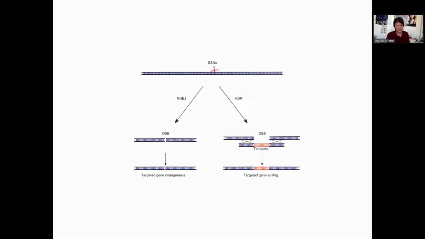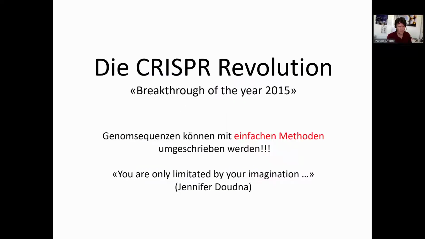But these intergenic regions, the enhancers, the control, the temporal control, which makes some animals bigger, some animals smaller, small changes that have big effects, maybe only on size, not on overall shape. All of these things need to be done. So now we have simple methods. As Jennifer Doudna said, you're only limited by your imagination.